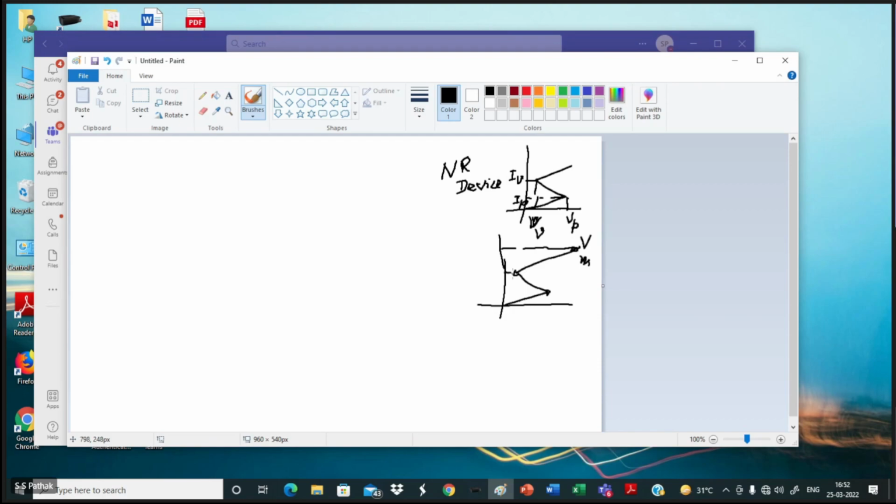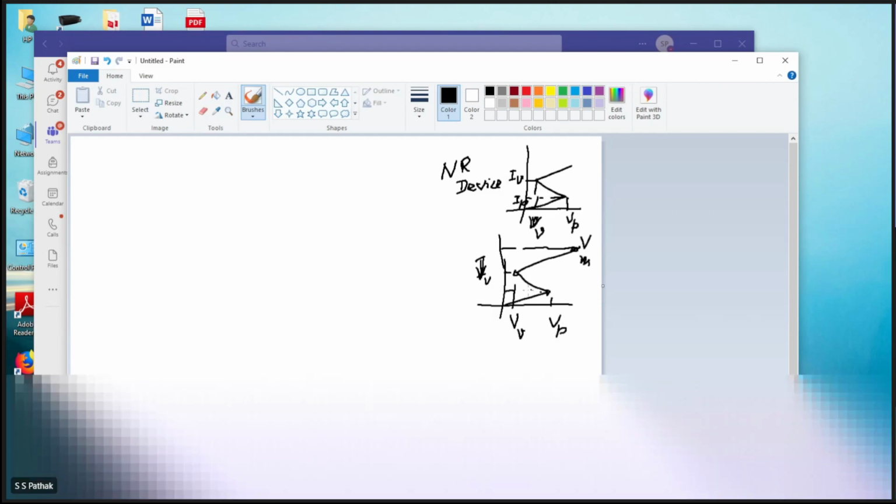This will be your V smaller, value of the voltage, sorry, IV. Here IV and VV are just synonymous with each other. This is my VV, value of the voltage. This I can say as my VP. This one will be your IP.